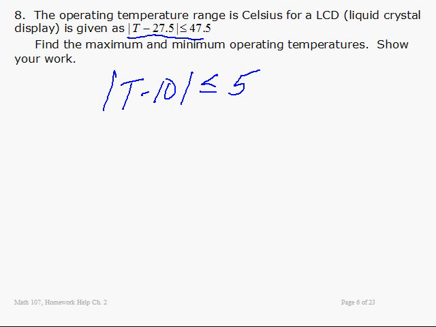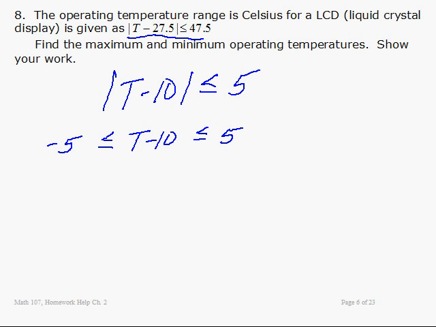If the absolute value of t minus 10 is less than or equal to 5, then that means what's inside is less than or equal to 5, and it's greater than or equal to negative 5. Because if this were negative 5, you put the absolute value sign on it, it would take off the negative sign. Now I can just solve for t here.